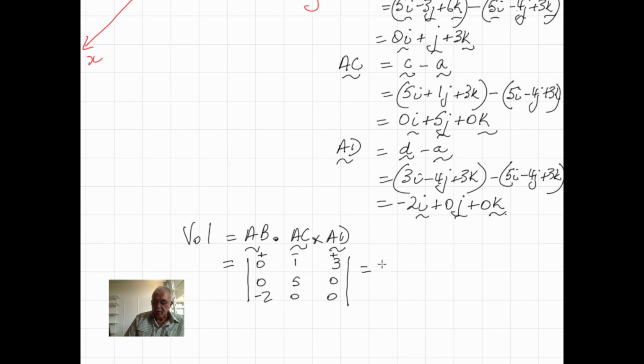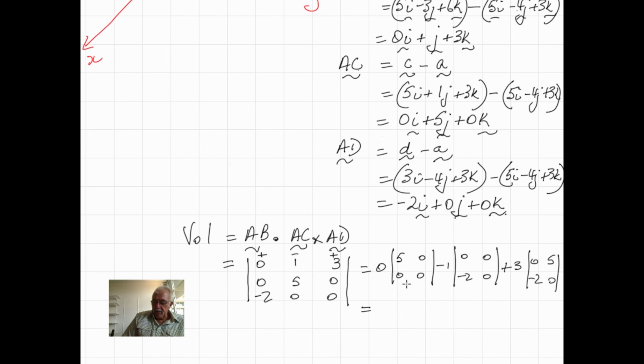So that'll be equal to 0 outside of the determinant 5, 0, 0, 0, minus 1 outside of 0, 0, negative 2, 0, plus 3 outside of 0, 5, negative 2, 0, equals.